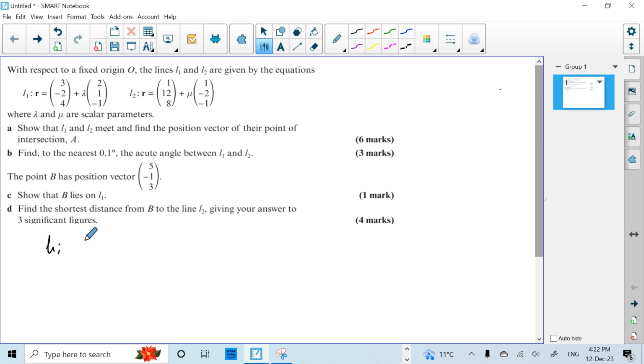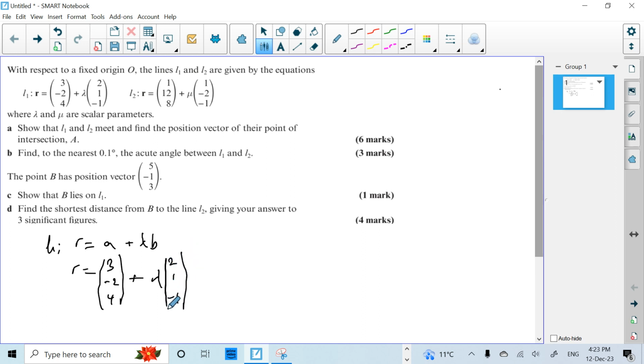So L1: r is equal to a plus lambda b, and it tells us r is equal to (3, minus 2, 4) plus lambda (2, 1, minus 1).